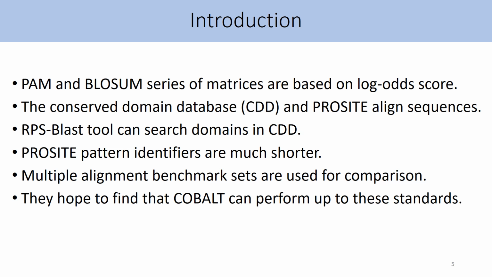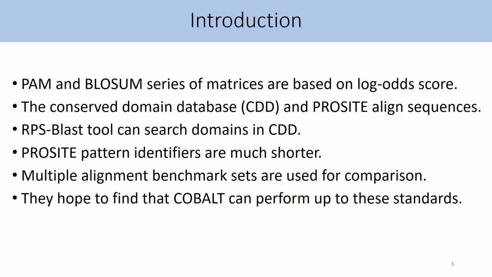PSI-BLAST and BLOSUM use scoring matrices based on the log-odds score. These two tools are useful when comparing few sequences, but not really when comparing a lot of sequences. Cobalt uses a conserved domain database and ProSite to align sequences. RPS-BLAST is a tool that searches domains in CDD.